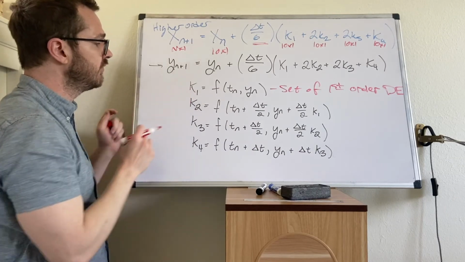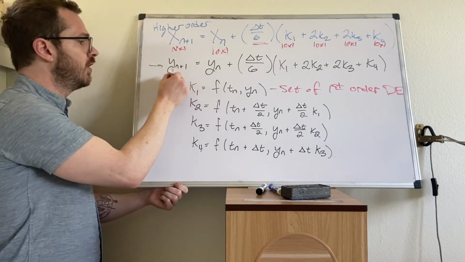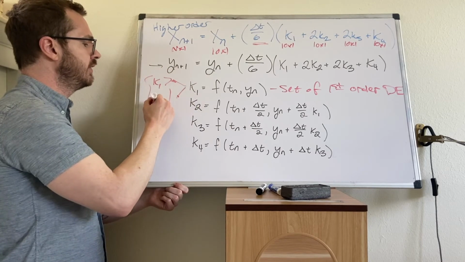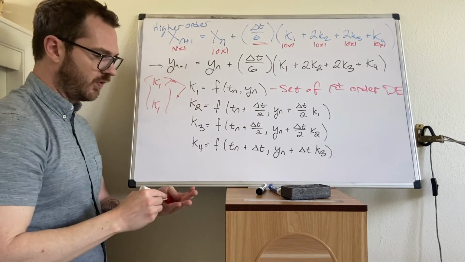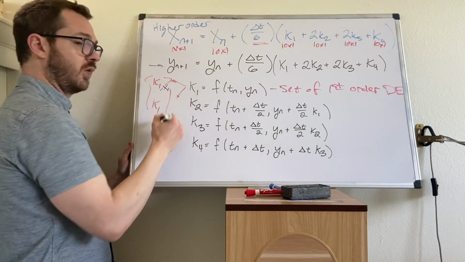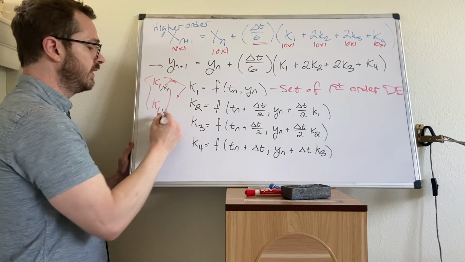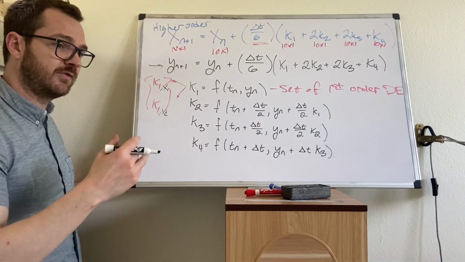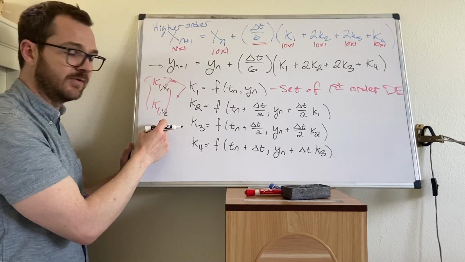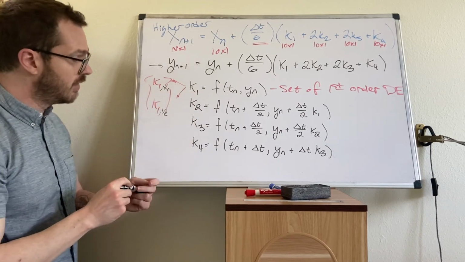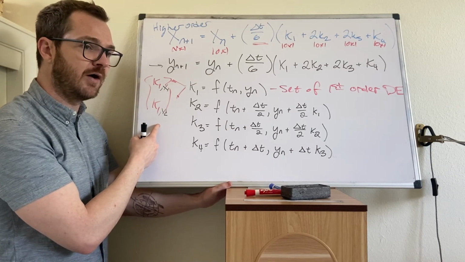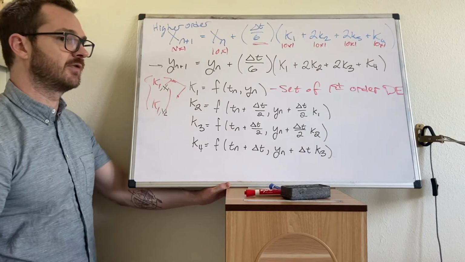So it's almost like the k1 will be a vector of k1, and this first k1 is the k1 associated with x1. And the second k1, that's the k1 associated with x2. So you get these k's for each of the x's. So all of these are vectors. So when you go to code it, if you're having problems, go back and look at how these are coming out and make sure that these are vectors.